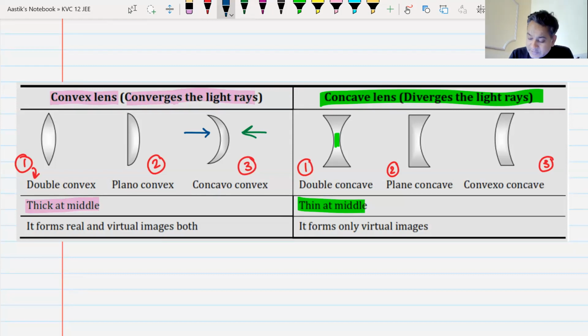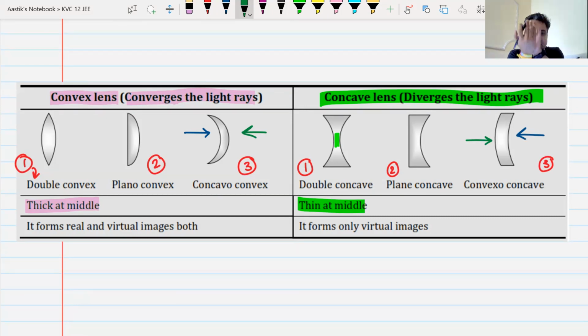Similarly here, if light is coming from this side, it will behave as concave. And if light is coming from this side, it will behave as convex. Do you think that is what happens? That if in front of light, the first surface is concave, the lens will behave as a concave lens, and if the first surface is convex, it will behave as convex.